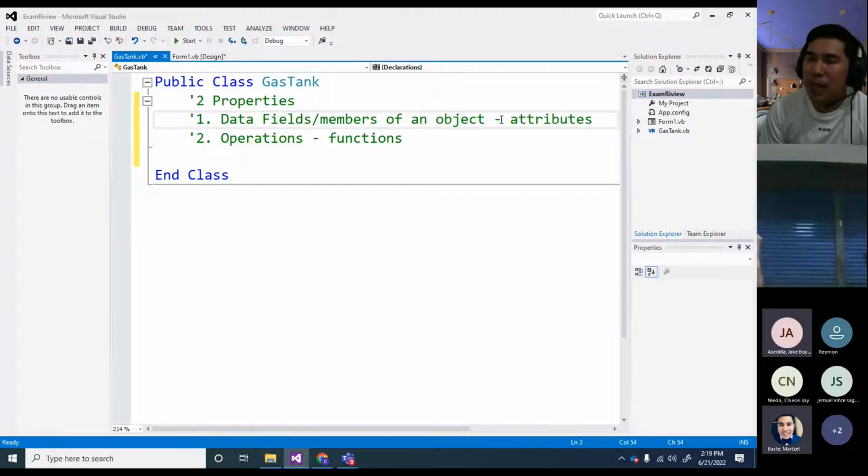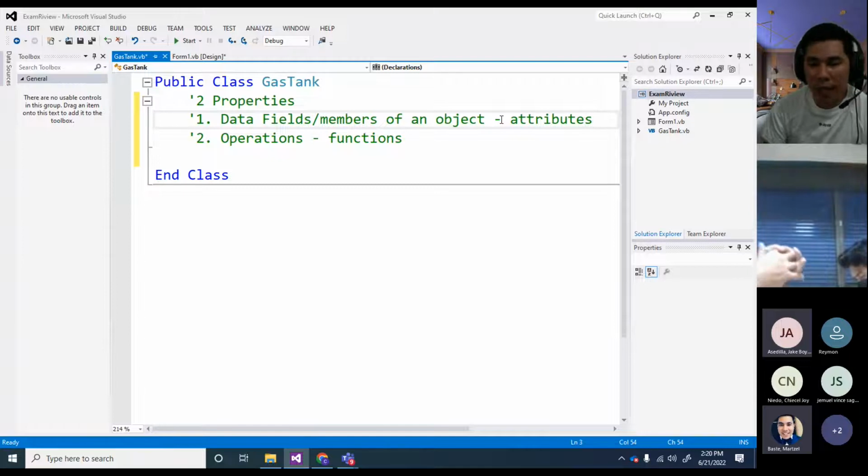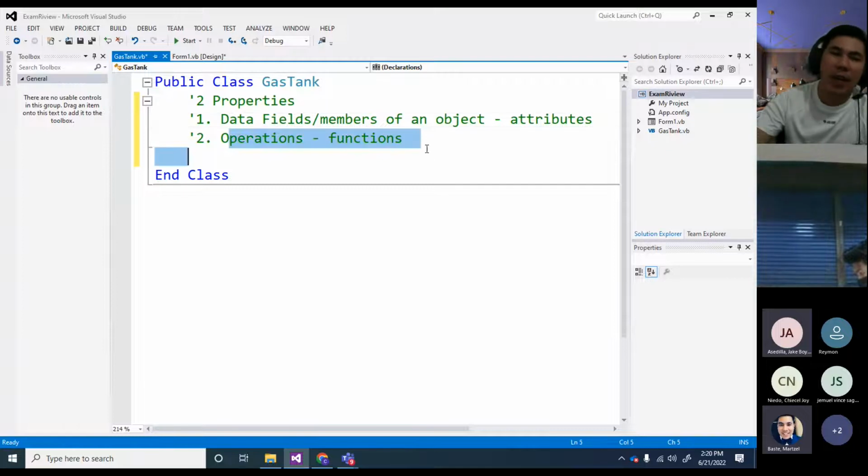It has properties: its color, its type of clothing or material, its width, its length, or its string style. The type could be a KN95 or the usual traditional face mask. So those are the properties. And then what is it used for? That is its operation or function.